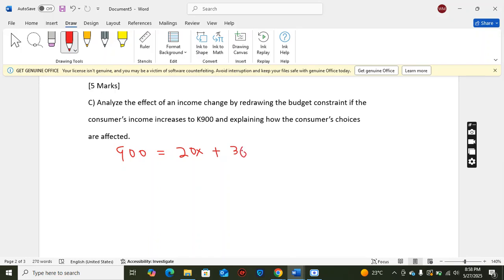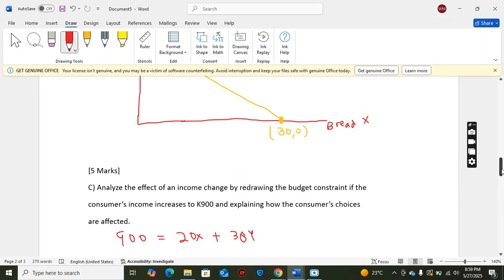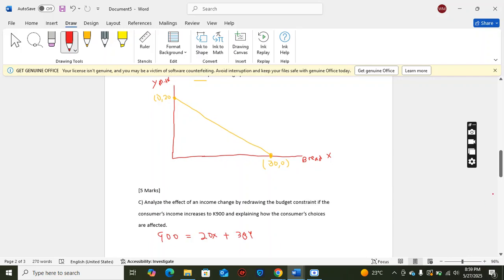So let's get our new X intercept and our Y intercept. Do you have papers and calculators near you? Let's get our X intercept. How much bread can she buy now since her income has increased? And how much milk can she buy now since her income has increased? So I will use the same old budget constraint, this graph here, so that we see what happens when income changes.